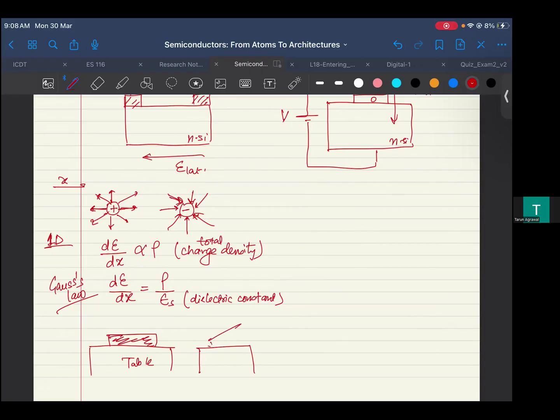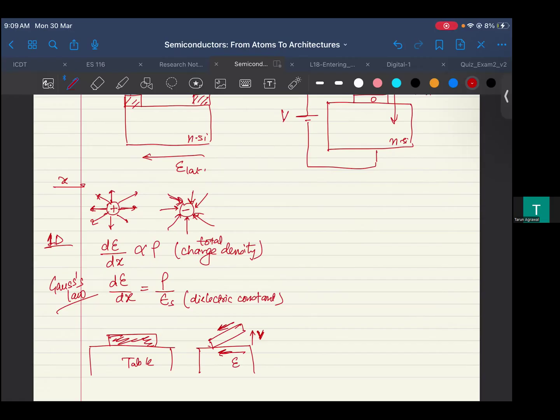When you raise the bottle of water like this, you see there is a movement of the water, because you have raised it to a higher potential. So when there is a higher potential applied, this is the direction of the water movement, and that is what we also get in the electric field.